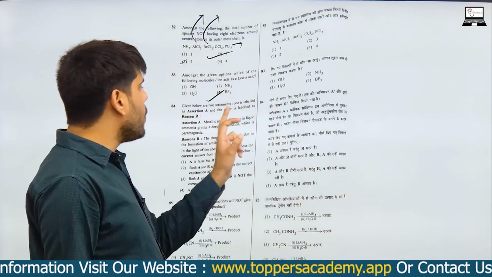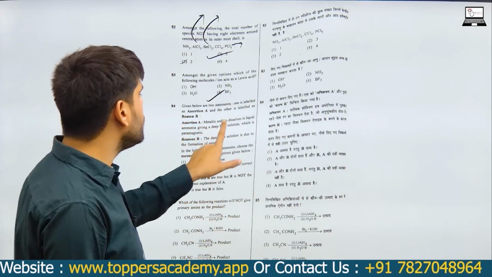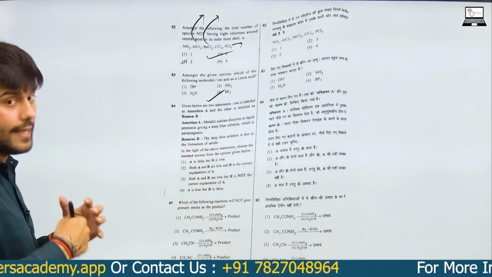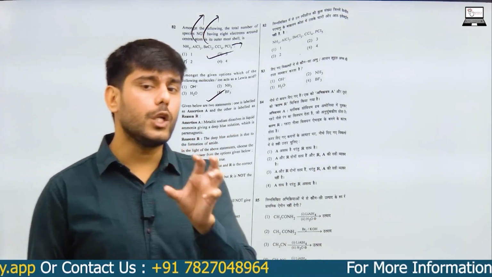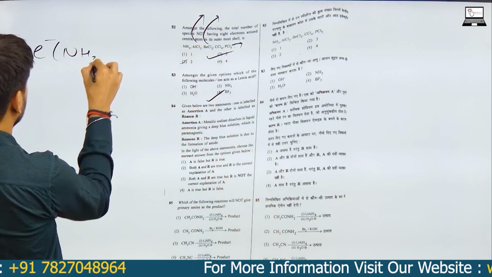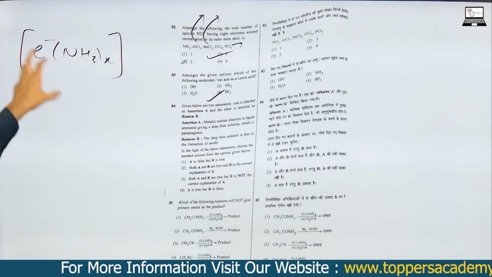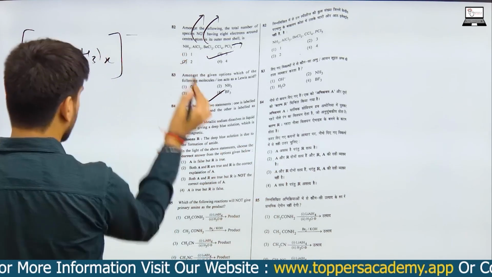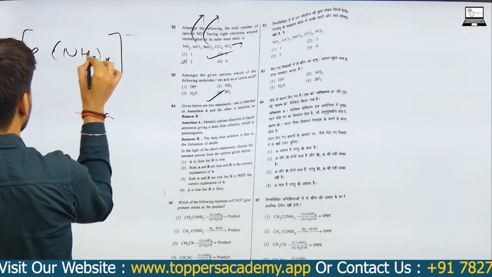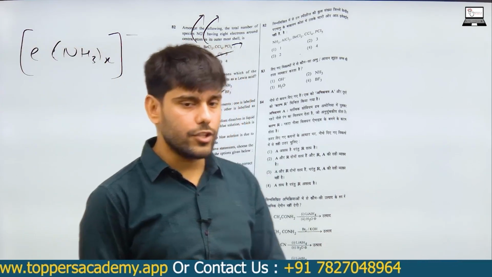Now, given below are two statements, again assertion and reason. Metallic sodium dissolves in liquid ammonia, giving a deep blue solution which is paramagnetic. Yes, the deep blue color is because of ammoniated electrons like this, and yes, these solutions are paramagnetic in nature.